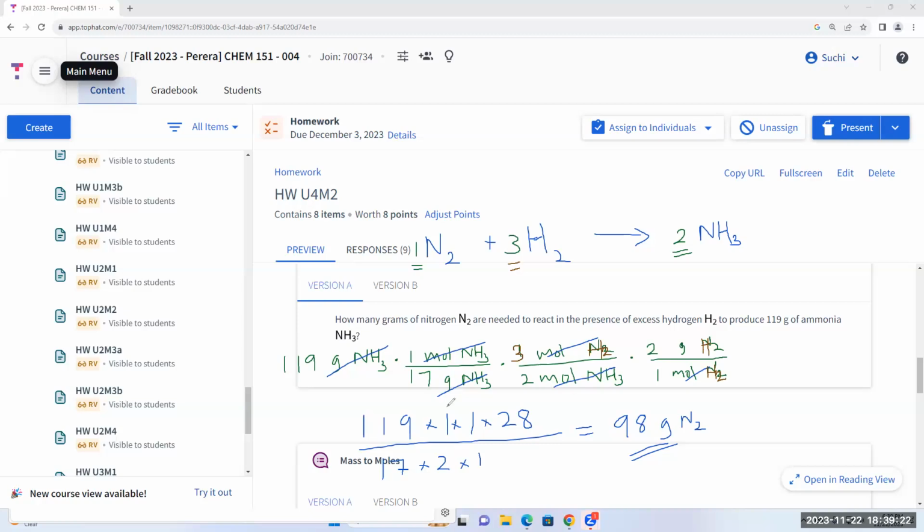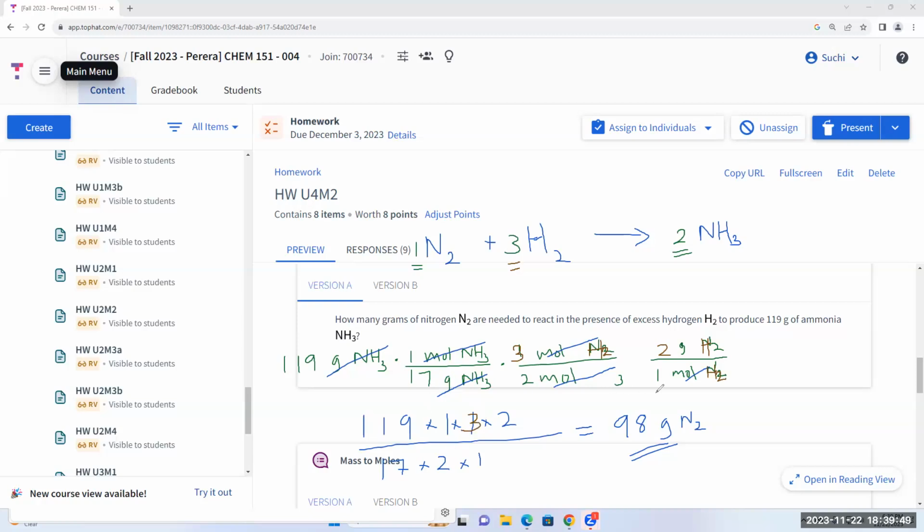And then how does it change here? We still have all the same numbers, but instead of 28, we have 2. And this is 2. And then instead of 1 here, we have 3. So this should be a 3. And then in the denominator, we have 17 still and 2.